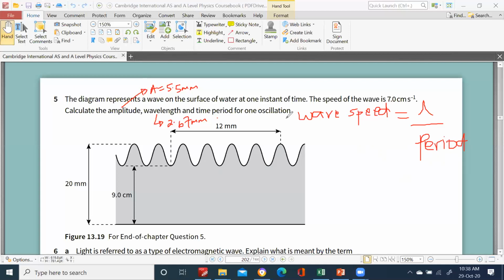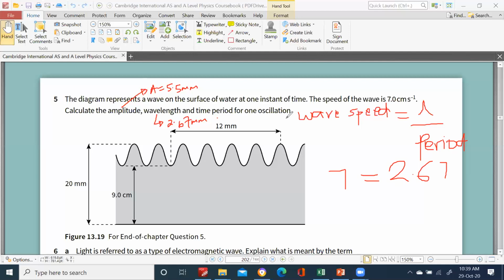So we have the speed at 7 and the wavelength, which is 2.67. Wait, sorry. The 7 is probably in centimeters, so you should convert it.